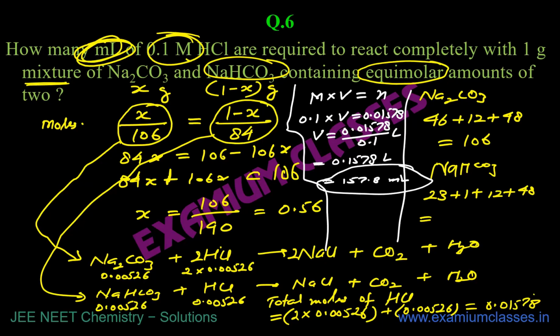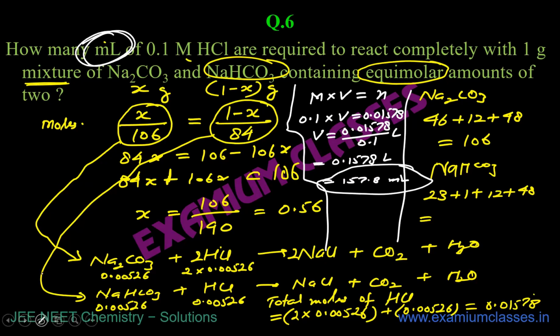And then we will say how much volume of HCl will be required in total. Sir, can you please just explain why the mass of Na2CO3 and NaHCO3 is equal to that of HCl? Not the mass. I'm saying moles. Yes, sir, the moles.